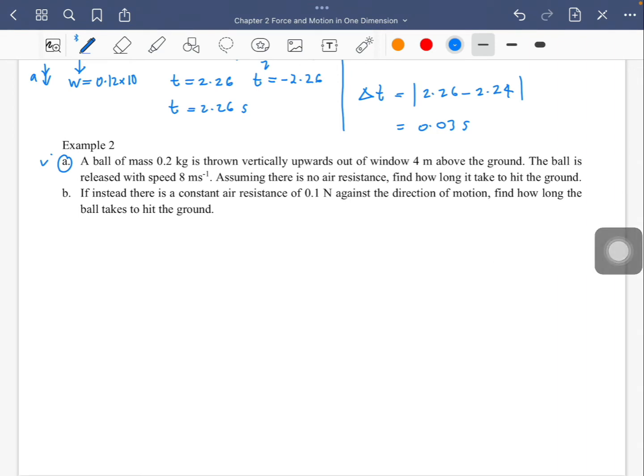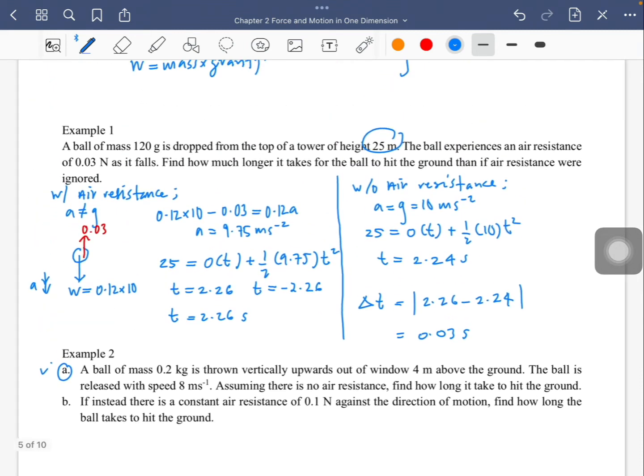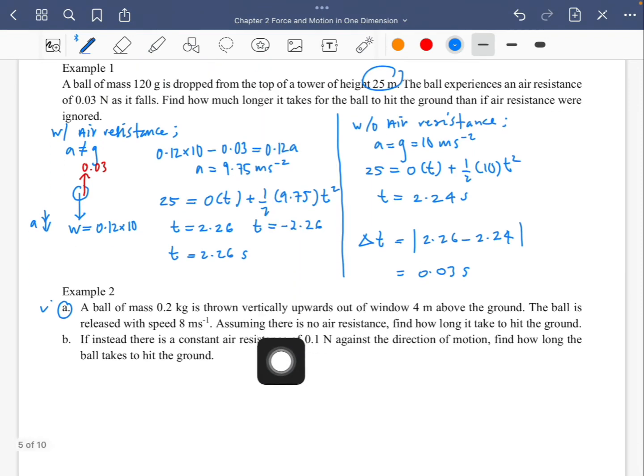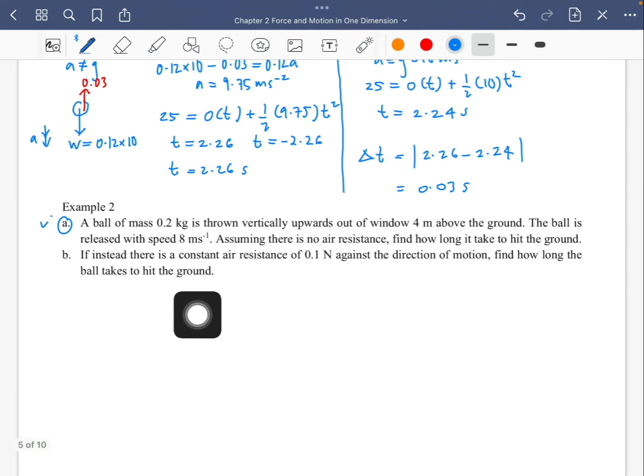This question looks similar to example 1, but in example 1 we have one direction of motion only, from the top of a building thrown vertically downward to the ground. In example 2, we have two directions of motion: it goes up first, reaches the maximum, and then goes down to the ground. If you want to illustrate the problem, it looks like this.